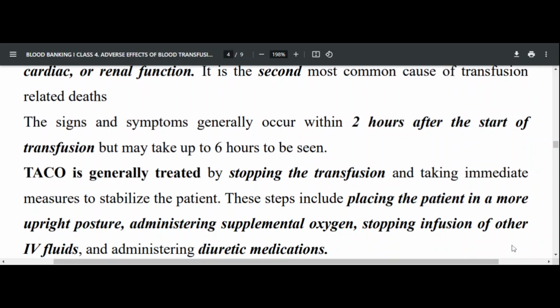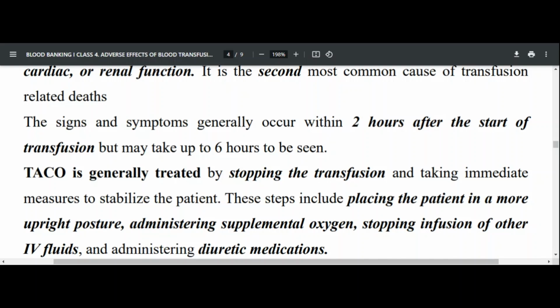Symptoms normally happen within 2 hours after the start of the transfusion, but may take up to 6 hours. TACO is generally treated by stopping the transfusion. So you don't need to do anything else. Just stop the transfusion and take immediate measures to stabilize the patient.